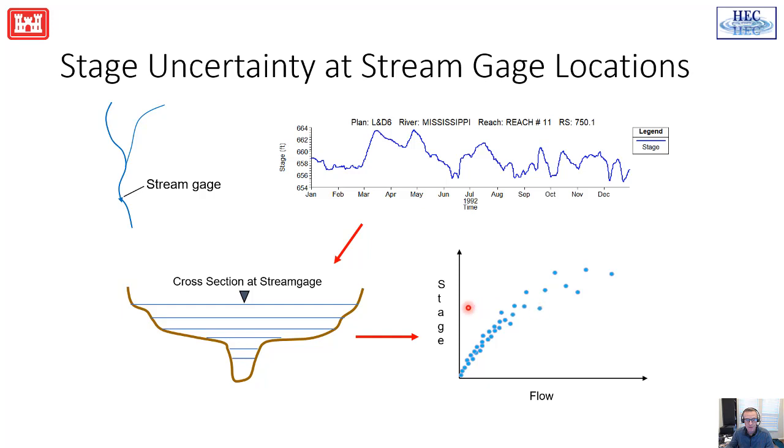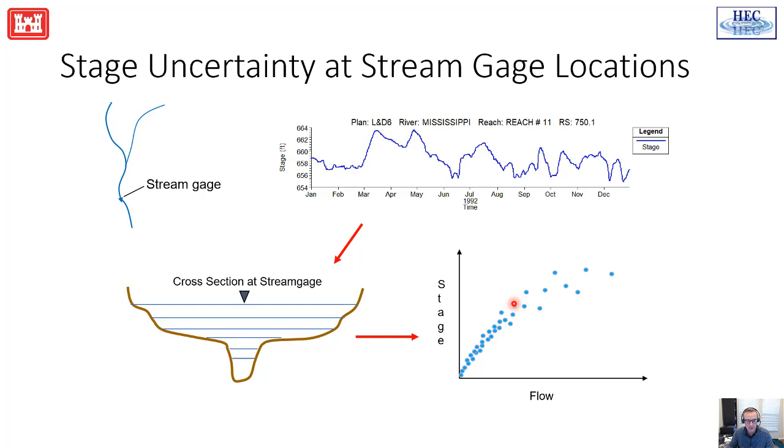So for the same stage, we have a lot of flow, whereas on the falling side of the hydrograph, as denoted by this point, we have less flow because the downstream water surface elevation is higher than it was during the rising portion of the hydrograph, thus reducing the amount of flow we can get through the cross-section for the same stage.